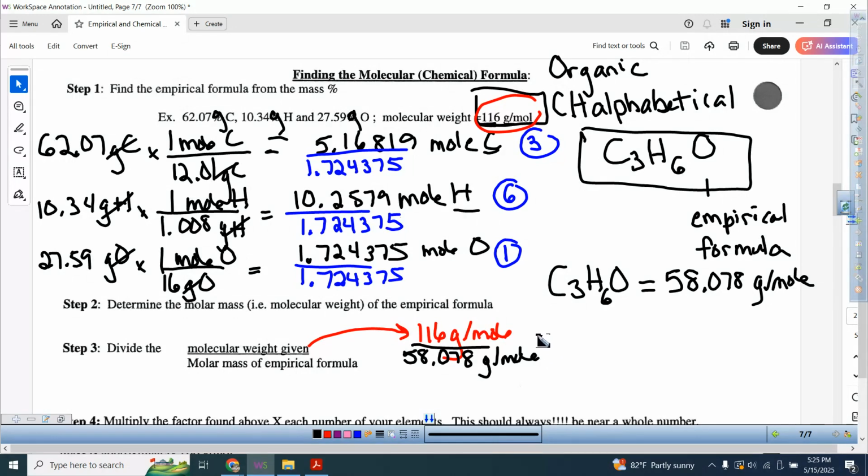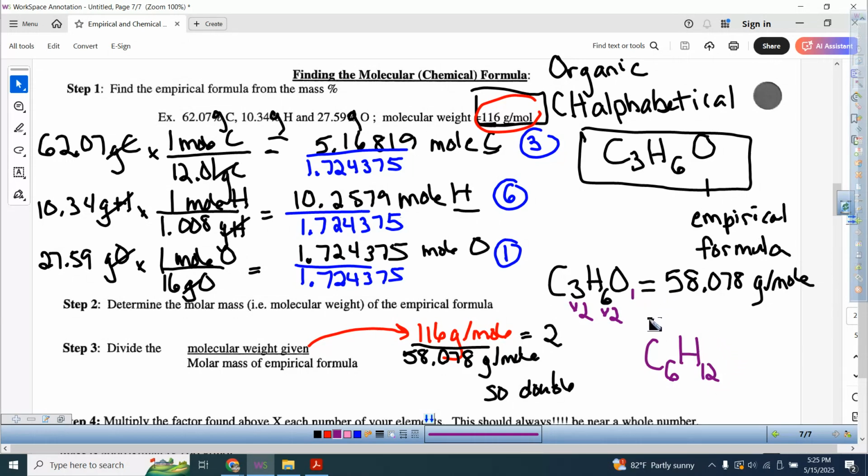If you don't get something close to a whole number at this point, then you need to go back and check because you did something wrong. So when I divide this, I get something very close to 2. And what that means is that I need to double my numbers in my empirical formula. So instead of C3, I need to double that, so it's C6. Instead of H6, I have to double that, so it's H12.